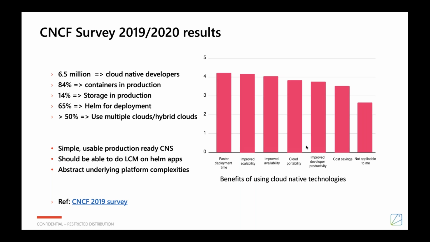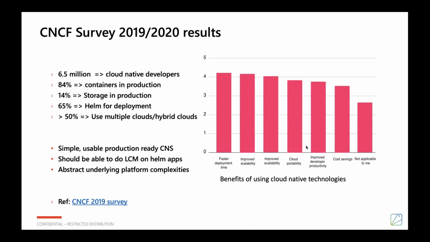So with that, you should have the application as your center of focus, and all the DevOps workflow should be tied around those applications. And with multiple clouds in the picture, your CNS stack should be able to deploy across any cloud transparently without worrying about the underlying infrastructure, and it should abstract all these complexities from the applications or the developers.